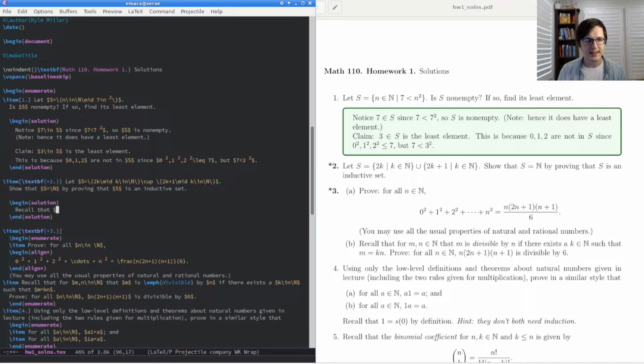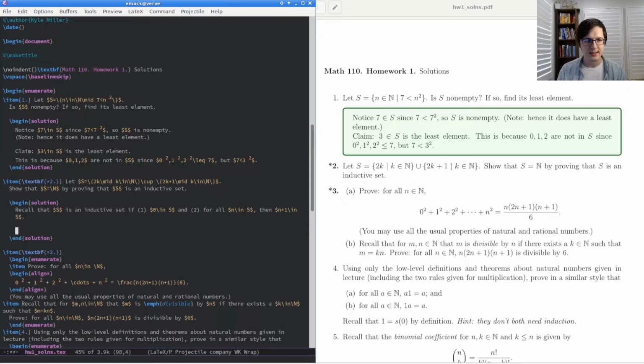Recall that S is an inductive set if two things are true: 0 is in S, and for all n in S, then n plus 1 is in S. So that's the definition. So claim 1 is that 0 is in S.